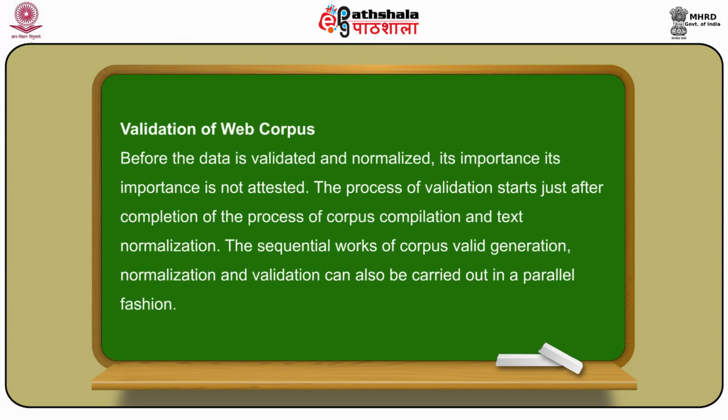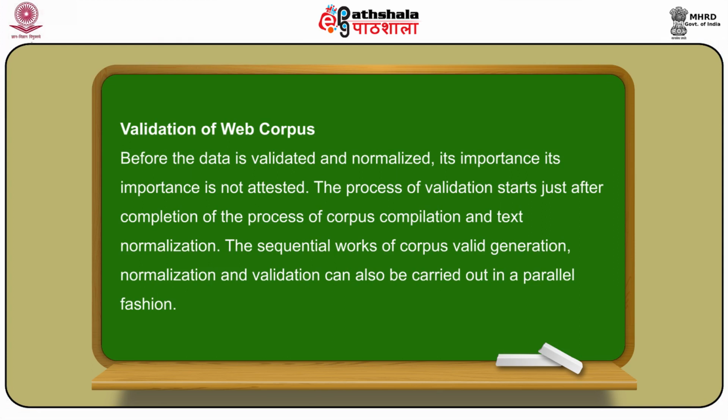Next part is validation of the web corpus. The process of validation of a web corpus is a very important part, because before the text data is validated and normalized, its importance is not attested.